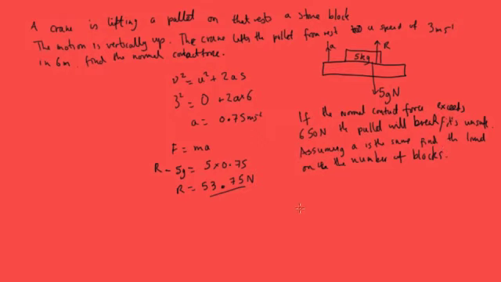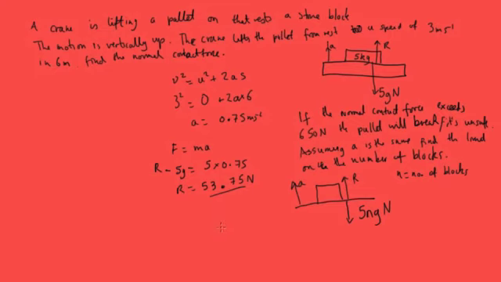So, to re-diagram, we've got our acceleration upwards, a. We have our reaction force R, and now we have the weight. Each block is 5 kilograms, but we have some number n of them. So let's make n the number of blocks, and we times that by g, newtons.